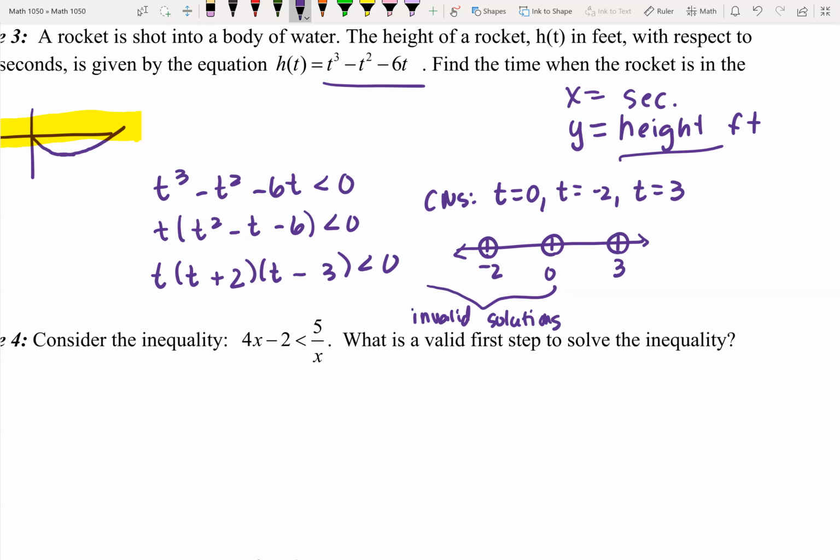So I'm really only looking to the right of the 0, which means I really only have 2 regions to test, okay? So I'm going to test between a 0 and a 3, and I'm going to test beyond a 3. I know my signs will alternate because all my exponents are 1s. So between 0 and 3 would be like a 1, and I'm going to put it right there.